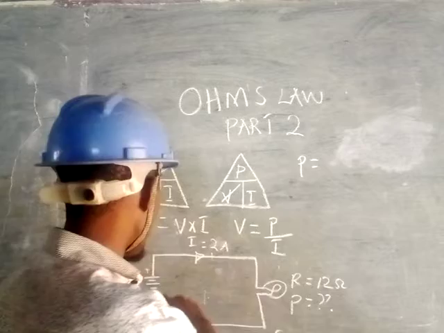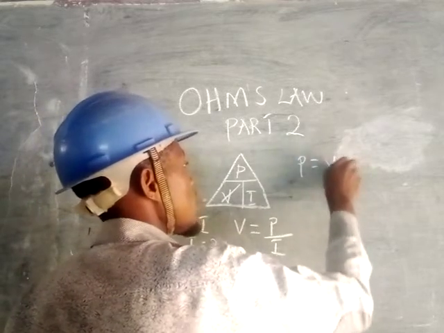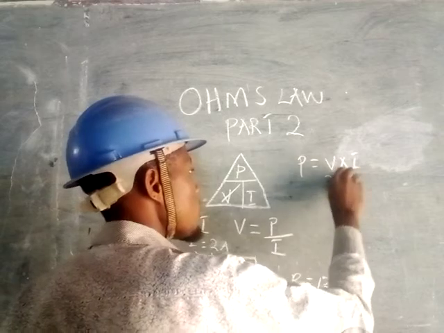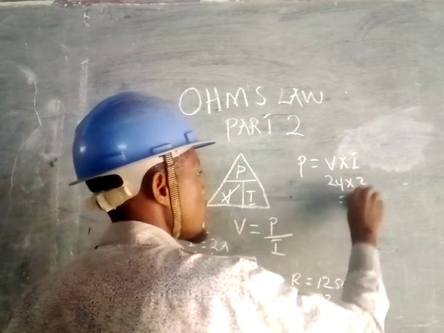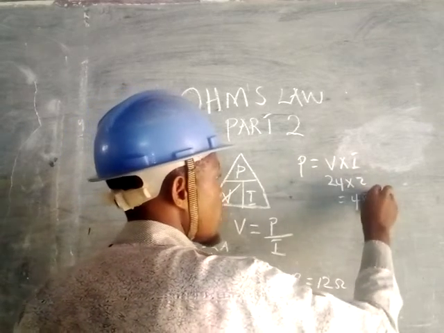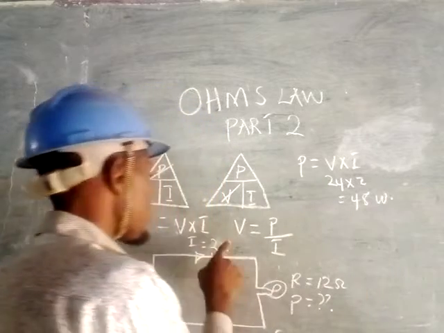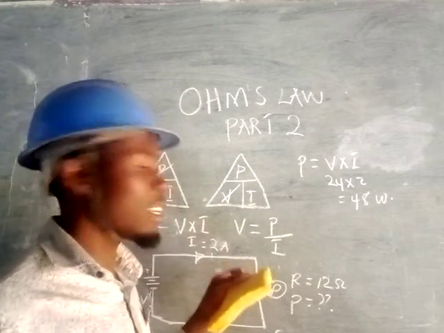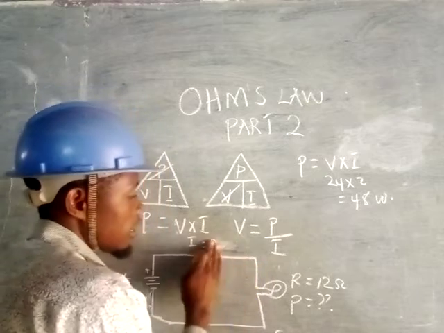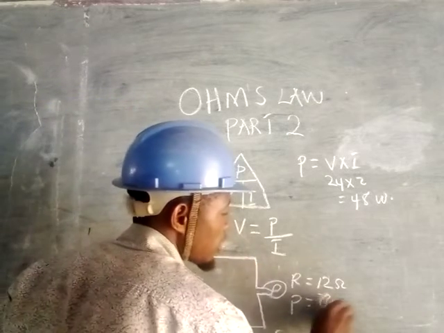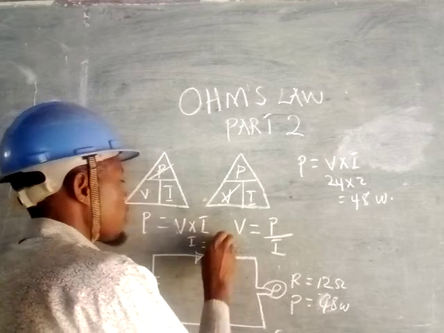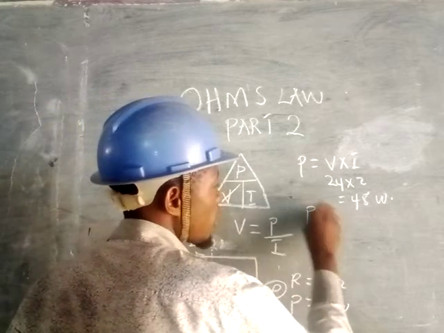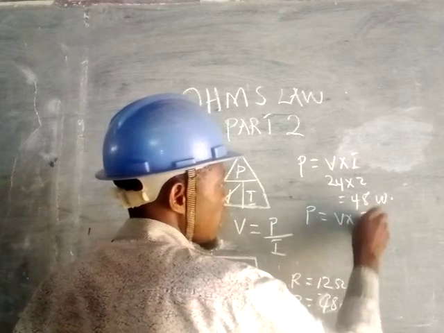As I told you, power equals voltage times current. Here we're looking for power: 24 times 2 is 48 watts. Now let us assume we are not given current, but we have power, 48 watts. You can use the same formula, power equals voltage times current.